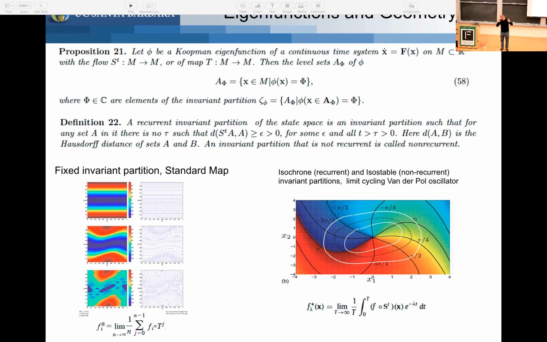So if the concept of Lyapunov functions comes to mind, then yes, these are in some sense optimal Lyapunov functions. You're going towards the attractor in a kind of uniform way, but you go from one set to another in an organized way, and you could say, well, I can always draw some circles, and I'm going to just follow the dynamics. The key point is that they need to behave correctly close to the attractor, and that's what makes them unique. So this concept of isostables is today used quite a bit in control theory.